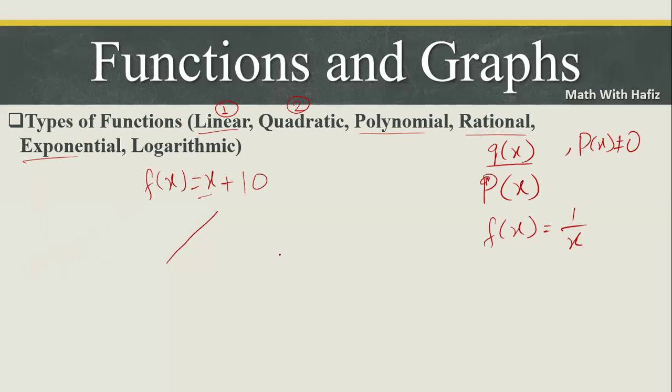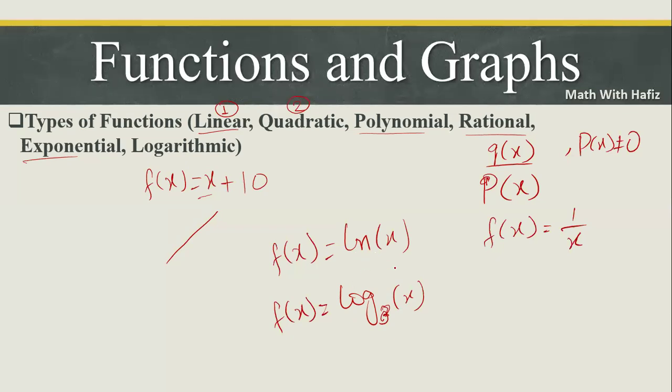You have two types of log. Let's say we have f of x is equal to ln of x, or you have the function log base 3 of x. Both are from the same category, logarithmic.